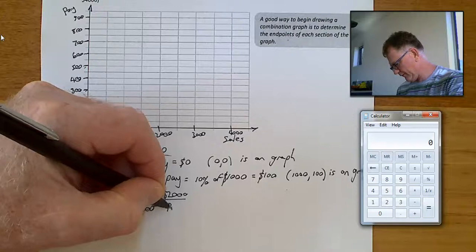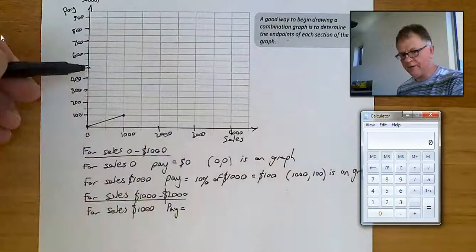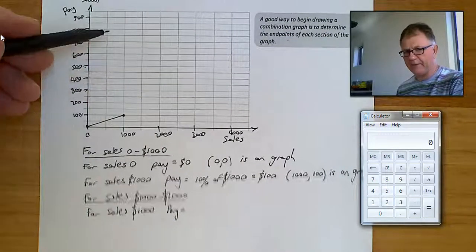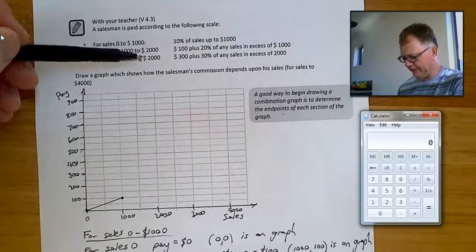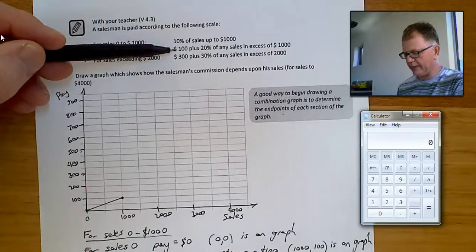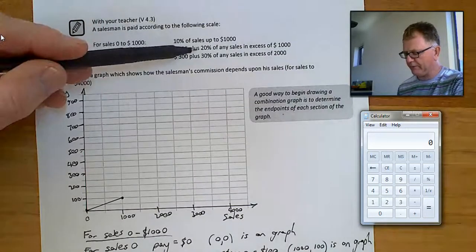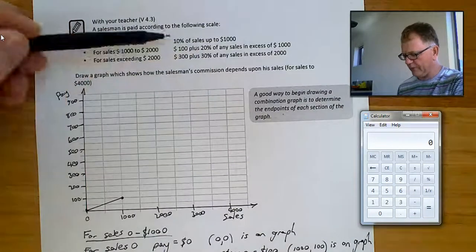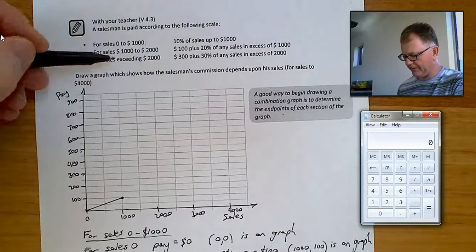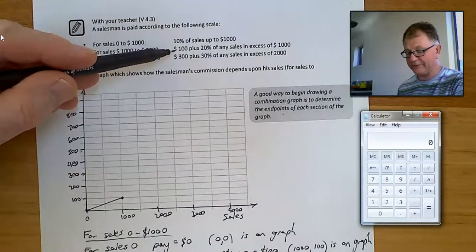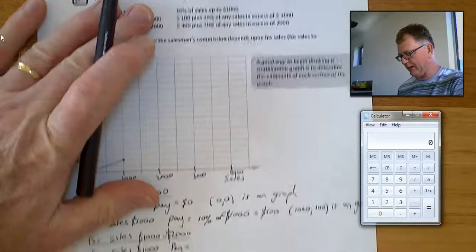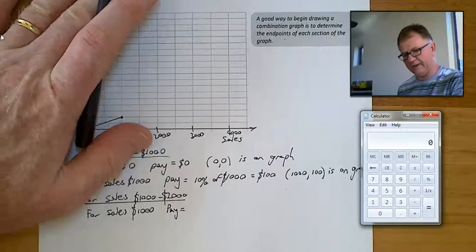His pay would equal, and it says at the top of the page here, he'd get paid $100 plus 20% of any sales that are more than 1,000. Well, if he's selling exactly 1,000, he's going to get paid $100 plus nothing extra. So his pay will be exactly $100.